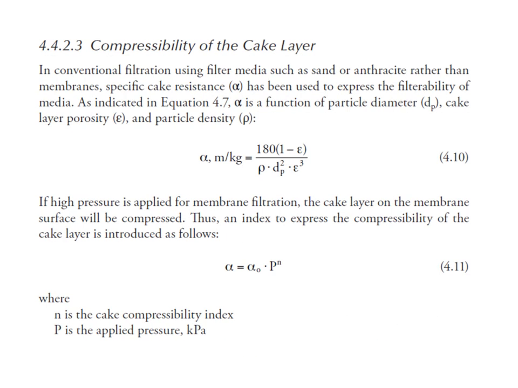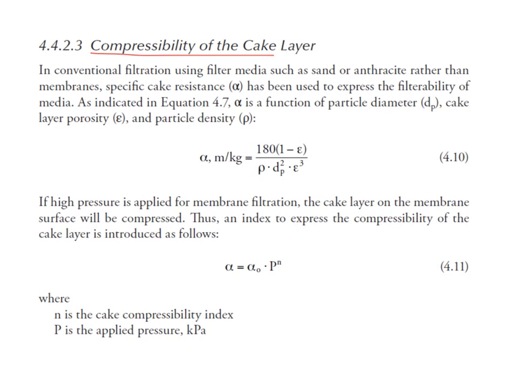Another factor that we have to consider in MBR system is the compressibility of the cake layer, because the cake layers consist of microbial cells and organics, and they are not rigid particles. So they are very flexible, and if we apply pressure, in that case, the deformation of these particles will occur, so that compaction will happen.